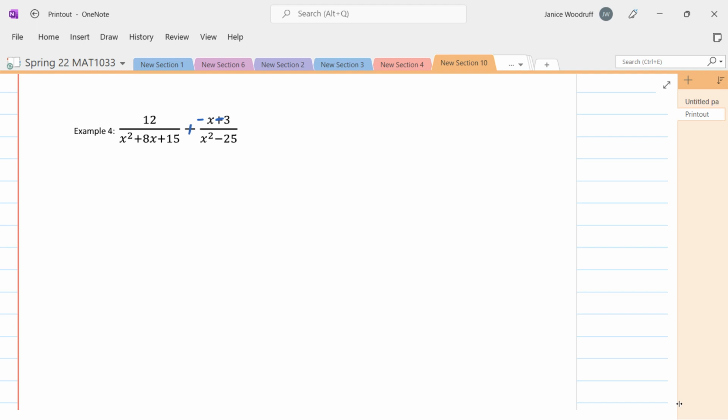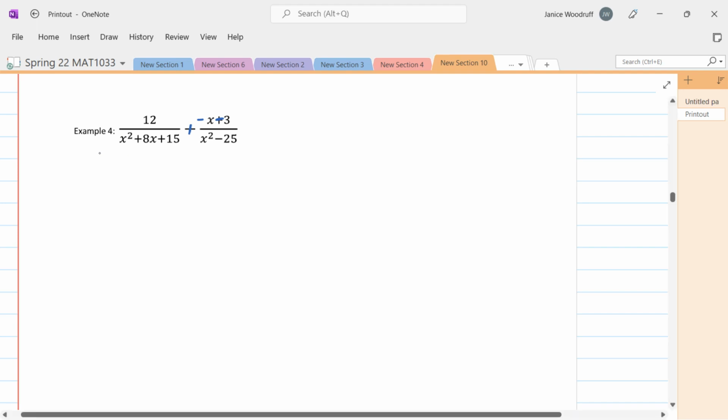Okay, let's factor x squared plus 8x plus 15. Yep, x plus 5, x minus 3. What about x squared minus 25? Plus 5 and minus 5, good.